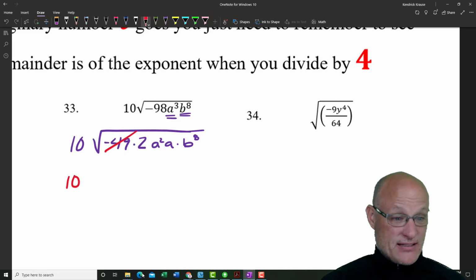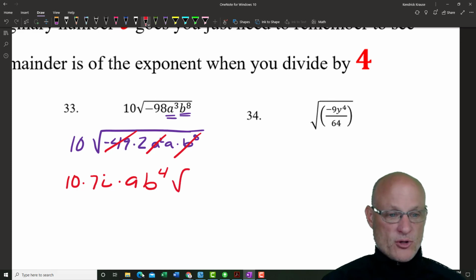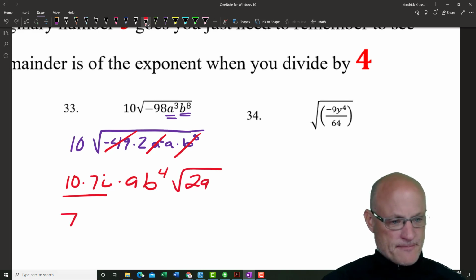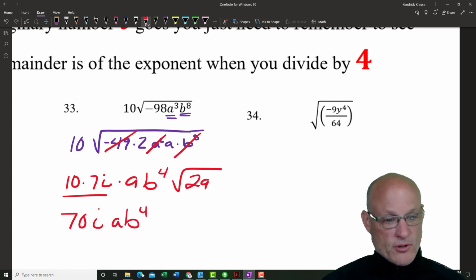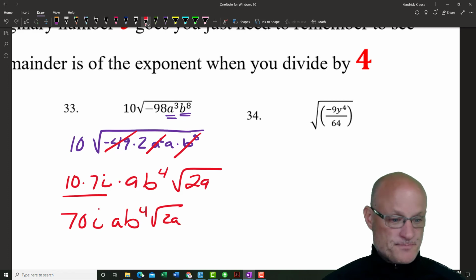So this is 10 times 7i times a times b to the 4th. And what do we have left over? 2a. So we're almost done. This is 70i a b to the 4th, square root of 2a.